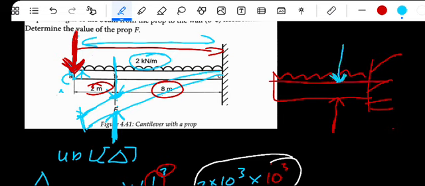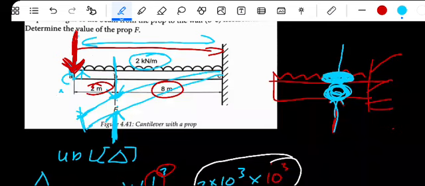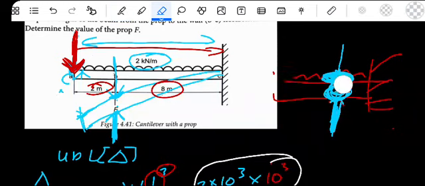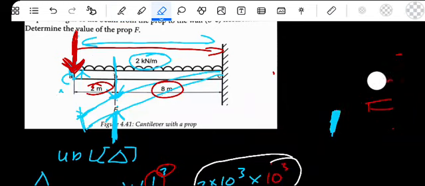But due to this UDL, it has its weight, remember. So the UDL will try to go down. Also, the prop will try to go up. You must know that.